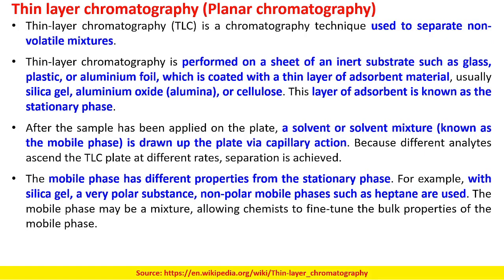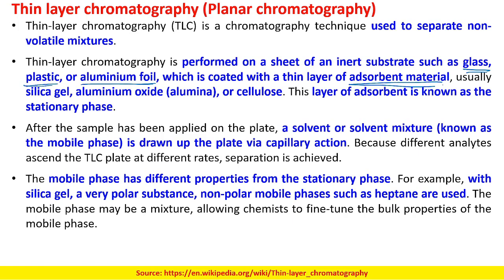In the paper chromatography, the paper used to be the only base. Okay, however, herein we need some adsorbent materials. Now for this adsorbent material, we need a base. So what can be a base? Your glass slide, whatever you are using in the laboratory, it can be plastic, or it can be an aluminum foil. So whatever you are using in common day life, you can use those as the base.